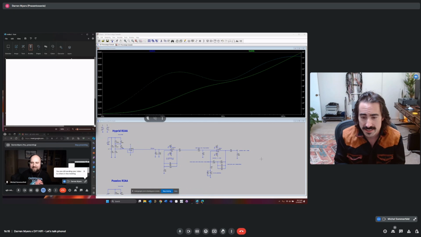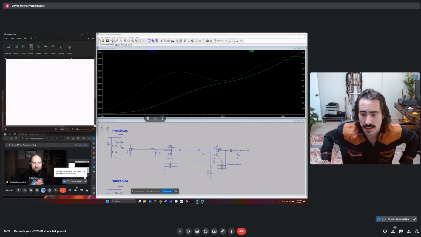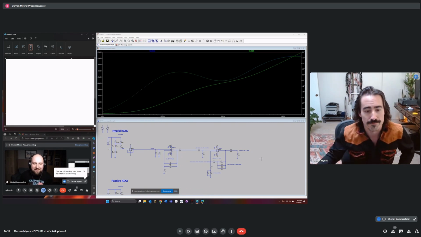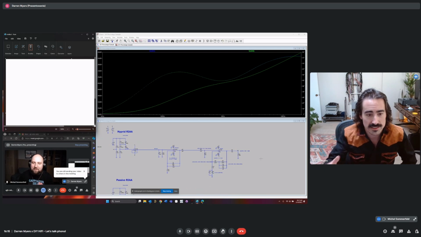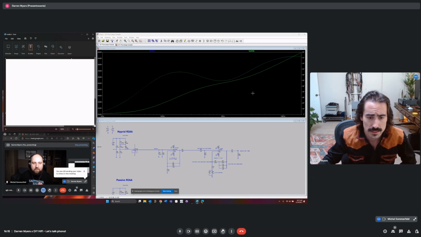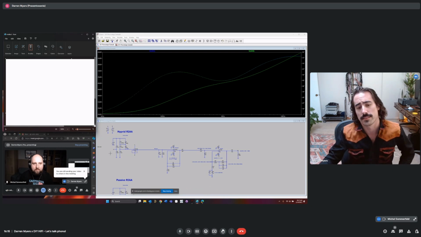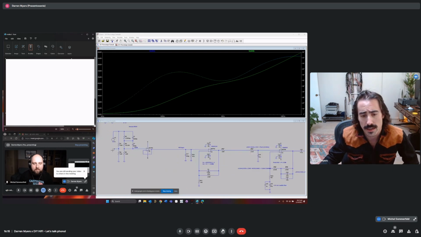Okay, let's dip into this because there's a lot to talk about. So this is LTspice, for those that are not familiar with LTspice. What we've done here is set up some test parameters for what we're going to be doing today.